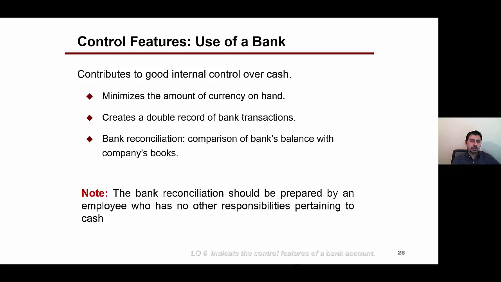When we reconcile the company's records with the bank's records, it would act as an additional control. And this is why it is very important that the person doing the reconciliation of the bank accounts would be different from the people who have recorded or handled cash, in order to make sure we have a proper segregation of duties.